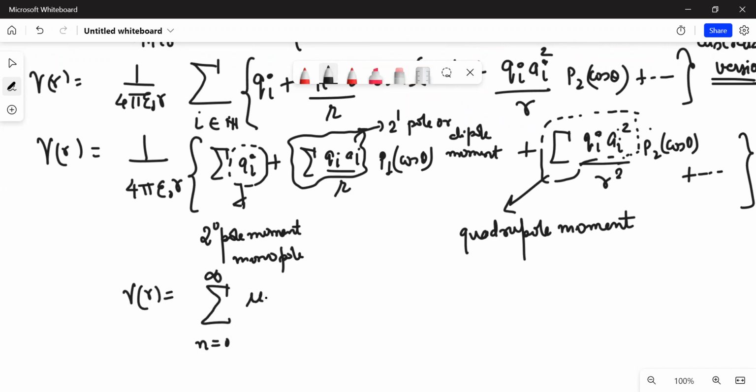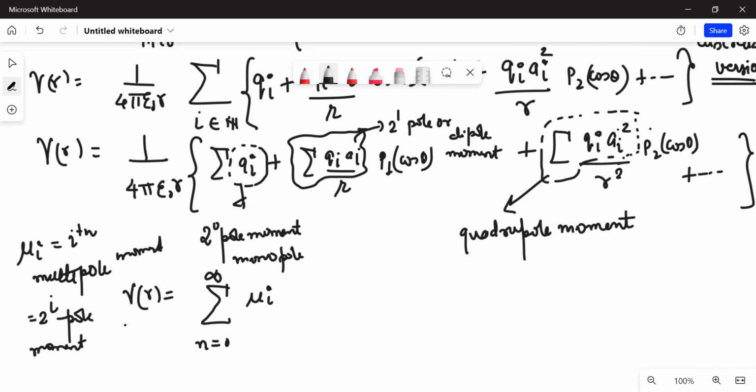This will be mu I. What is mu I? Mu I is your ith multipole moment, or 2 की power I pole moment. For example, 2 की power 0 pole moment is monopole moment, 2 की power 1 pole moment is a dipole moment, so on and so forth.